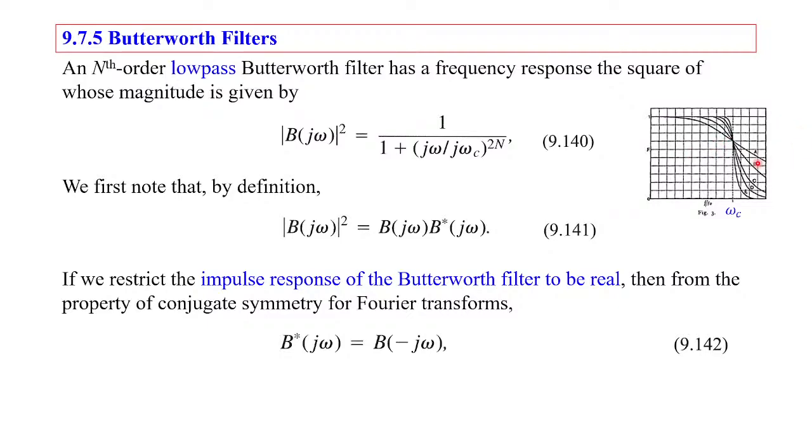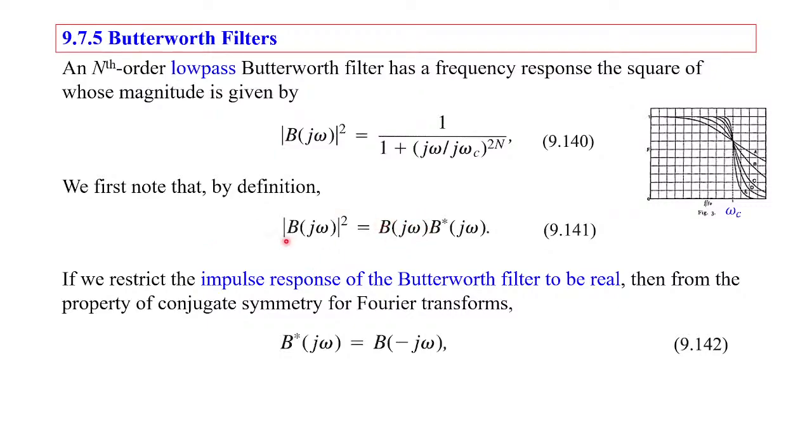And now we want to have this kind of response in magnitude, and we'll do our pole-zero analysis to see how to construct things like this. Okay, so let's start. First, this thing is the absolute value of some complex number.